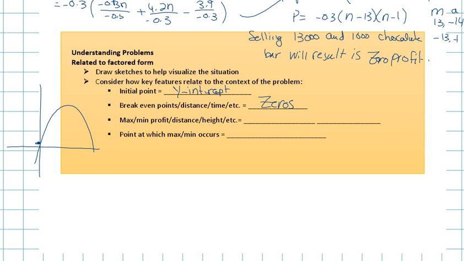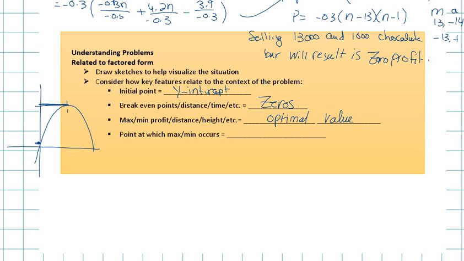Max, min, profit, maximum or minimum height. That's the optimal value. So that's this value right here. Okay? The point at which the max or min occur. It's actually the axis of symmetry, okay?